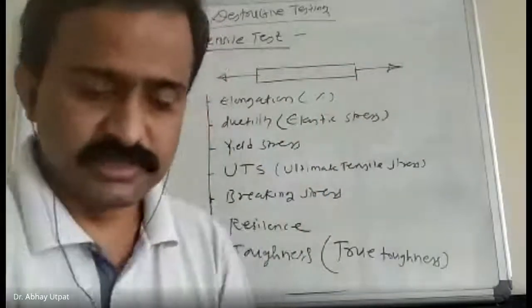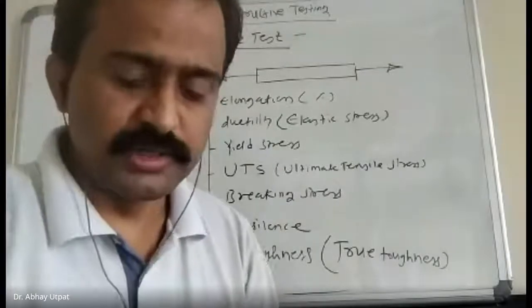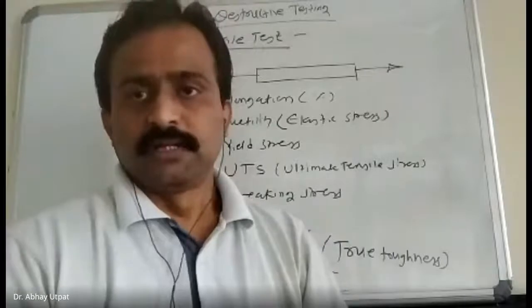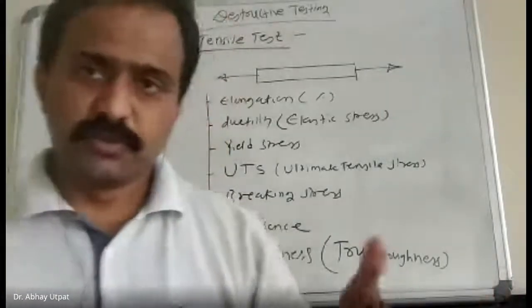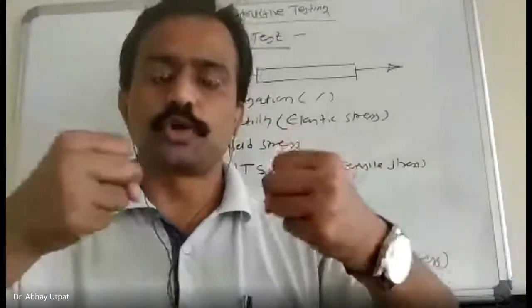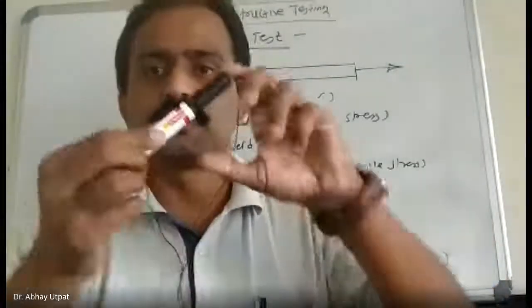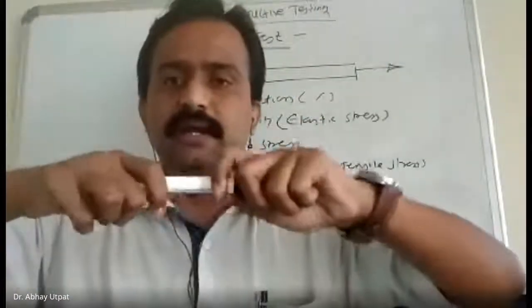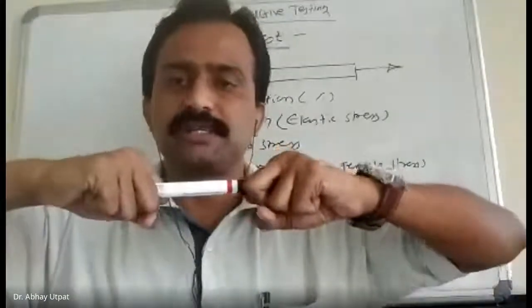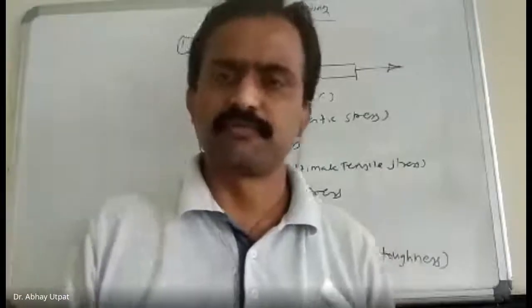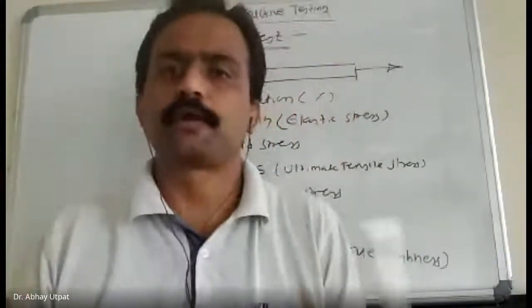In old days, a well-known instrument was there called a tensometer. Tensometer is one unit in which two jaws are kept, and you need to hold your specimen in the two jaws, and axial pulling action is provided. Mechanical working may be by some wheel or maybe hydraulically.